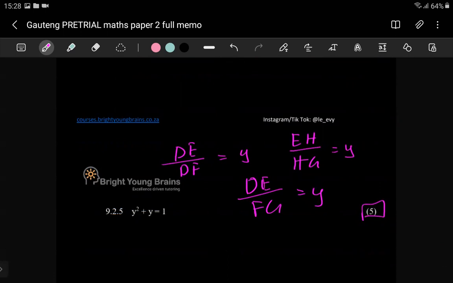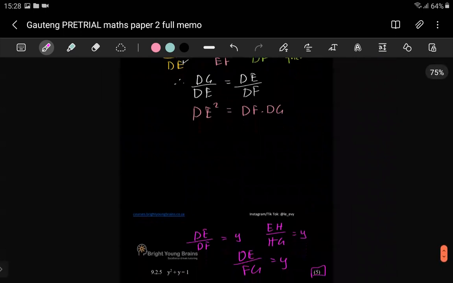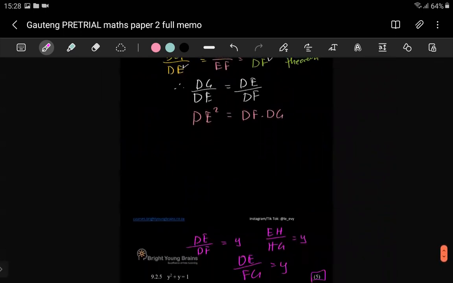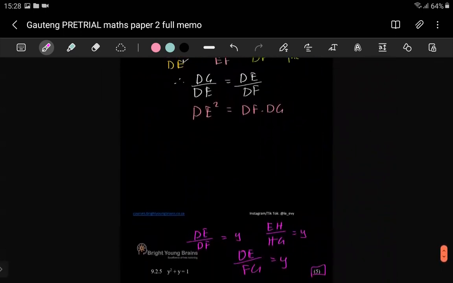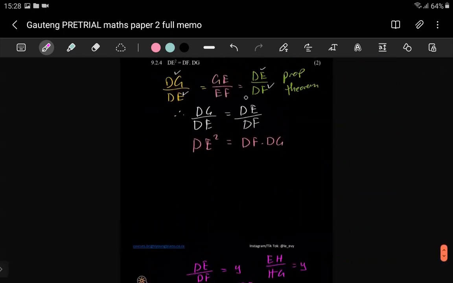We can basically start somewhere there. Let's think of our previous statements here. Let's see how many of these we have: DE and DF. All of these are equal to y technically, because here we have DE over DF.